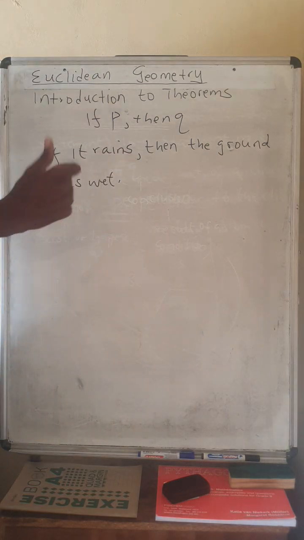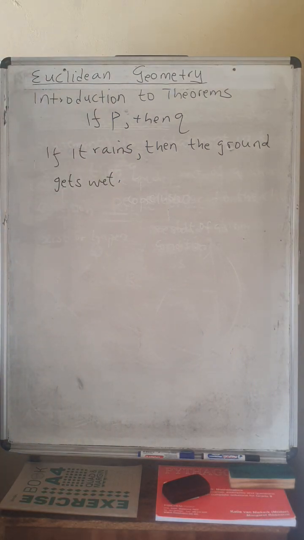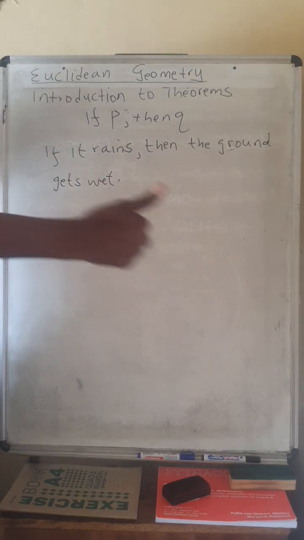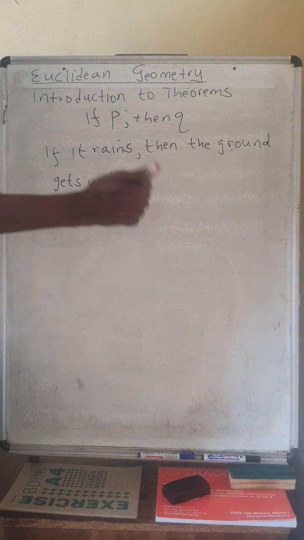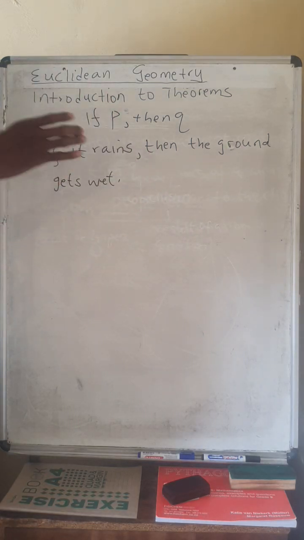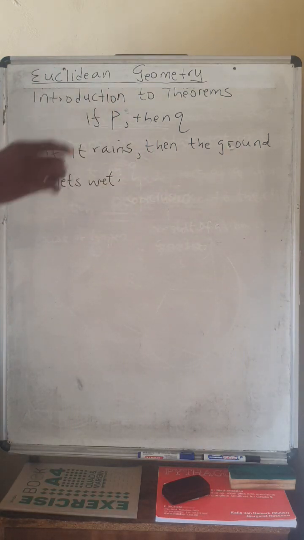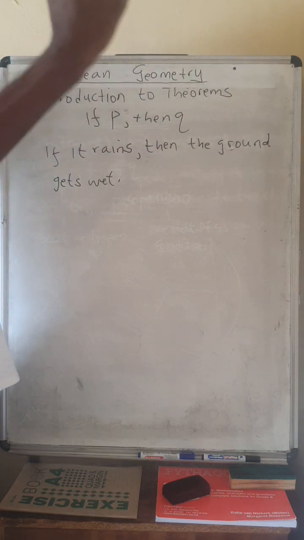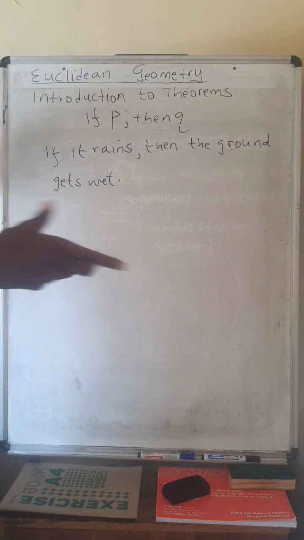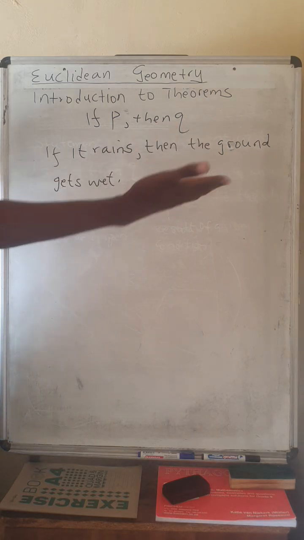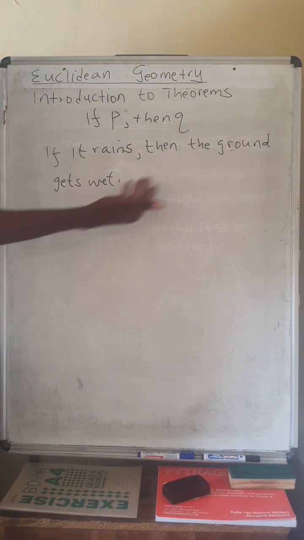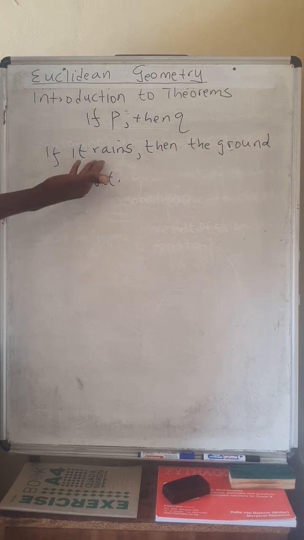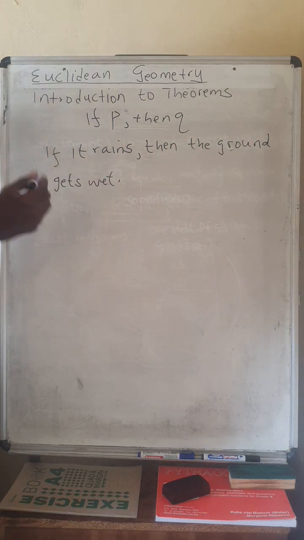Something must happen first in order for something else to happen. Something must happen in order for you to have a conclusion. So that which happens first becomes the condition, and that which will happen as a result of what happened previously will become the conclusion. In this case, it's going to rain, and if it rains, then the ground will get wet. So the ground getting wet becomes the result of rain.